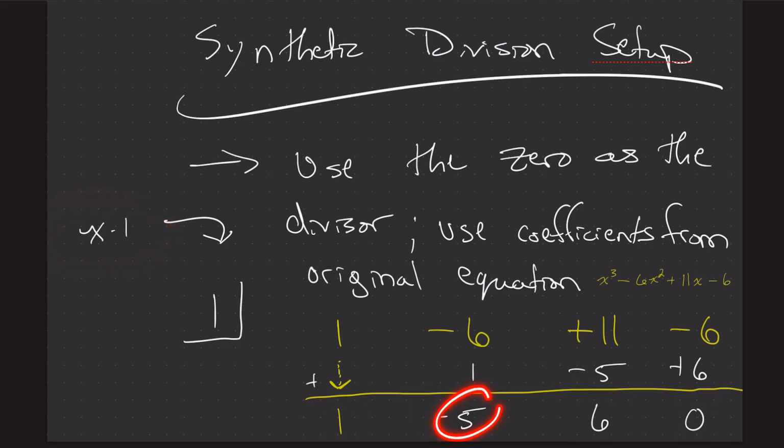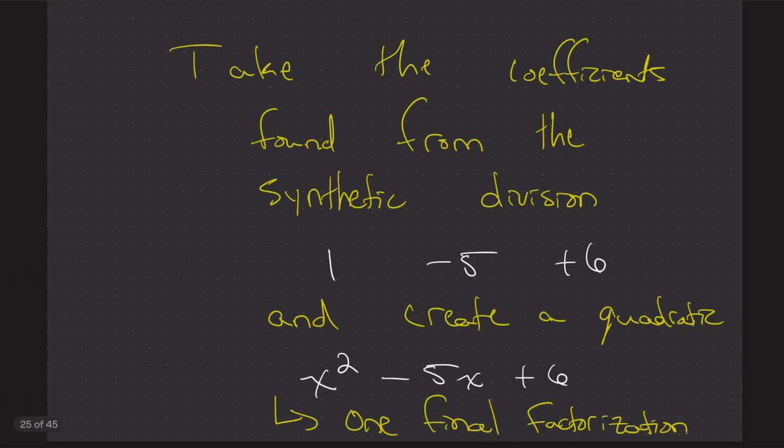So these pieces are basically our quotient of the synthetic division. It's just set up a little bit differently from the way we used to do long division. So we're going to take those coefficients from the synthetic division, that is 1, negative 5, and positive 6, and we're going to create a quadratic equation, right?